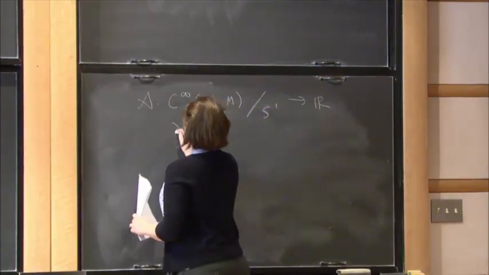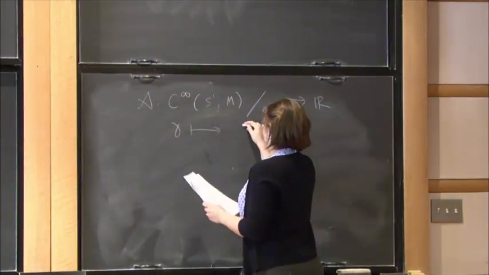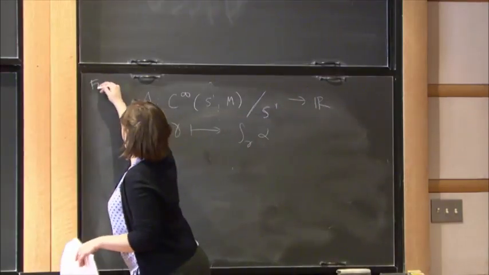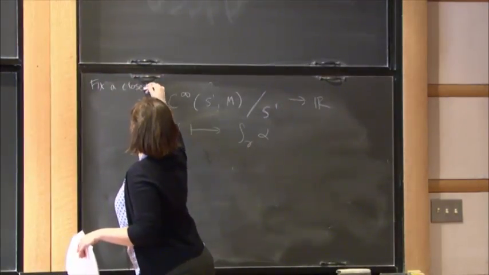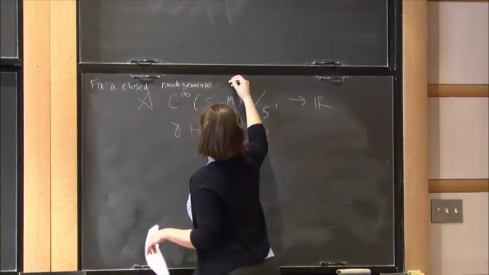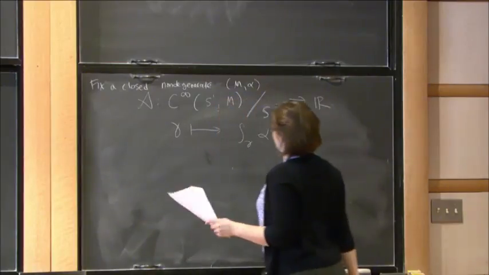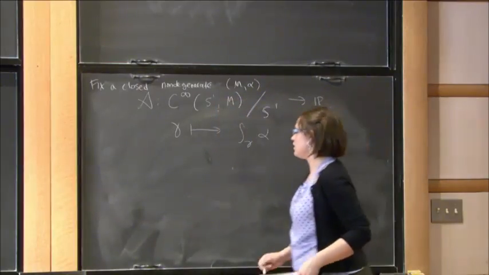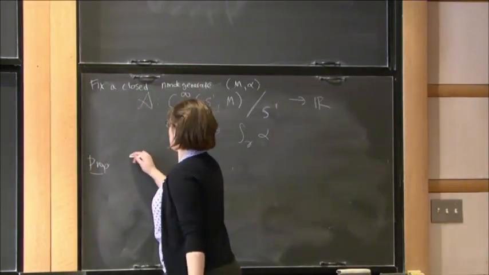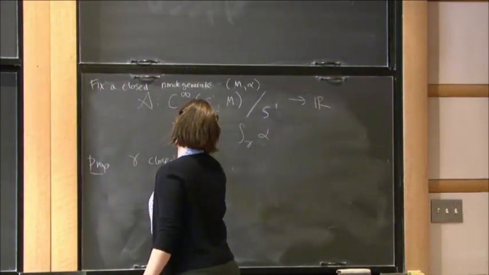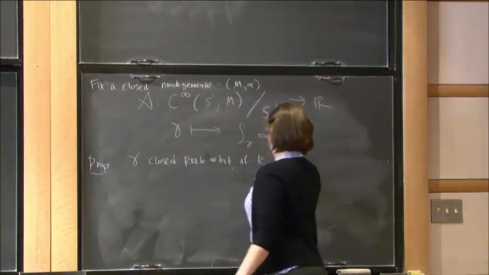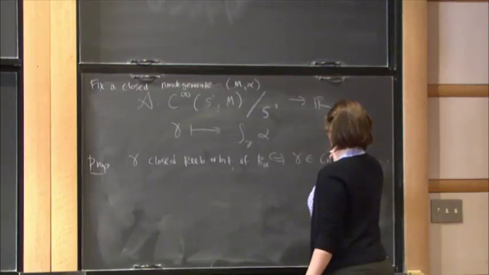And this action functional is going to be defined by sending a closed loop to its integral around α. So we're going to fix a closed, non-degenerate contact manifold (M, α). So you want to fix the contact form on it. And then a pretty straightforward proposition is that γ is a closed Reeb orbit of R_α if and only if γ is actually a critical point of this action functional.